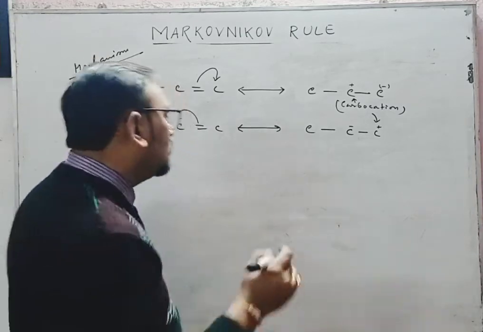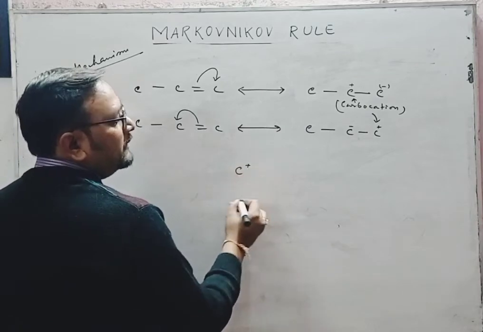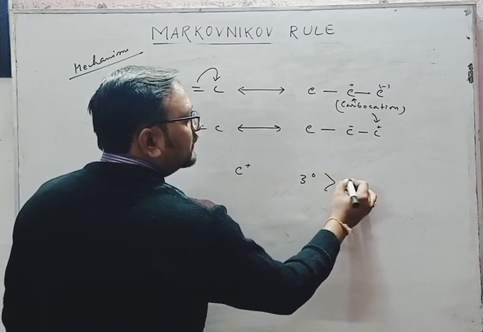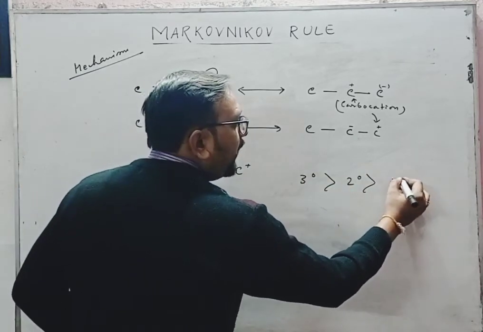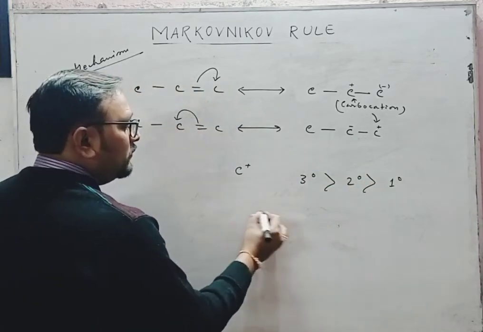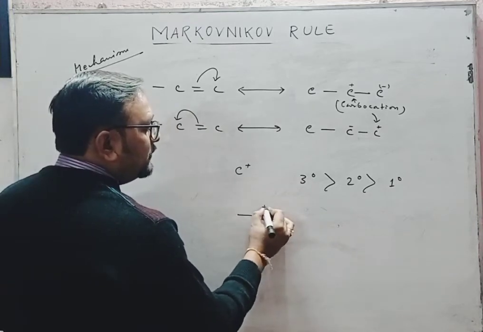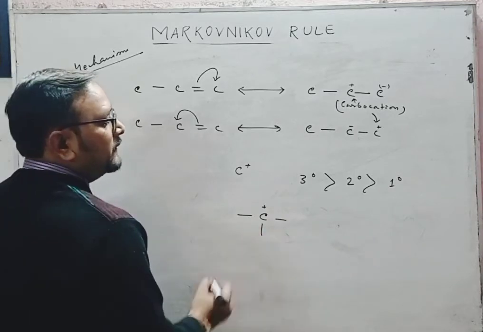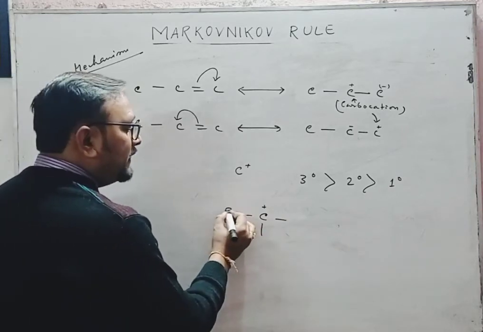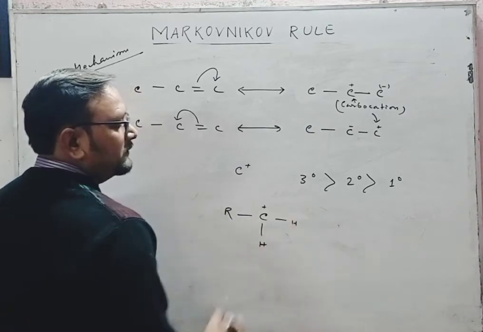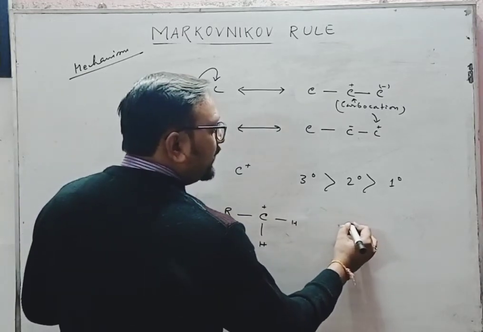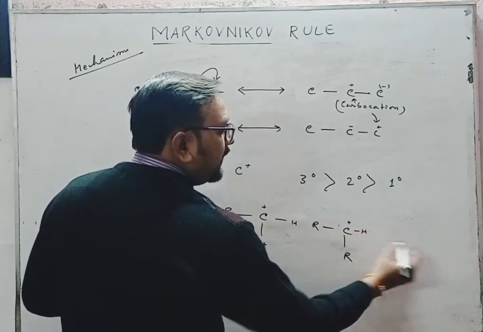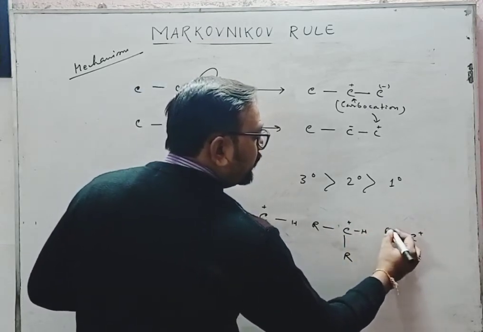For that, you should know that the stability of the carbocation follows the order 3 degree, then 2 degree, then 1 degree. I am showing you. Suppose you have a carbocation with a plus charge like this, which is 1 degree, and this is a 2 degree carbocation, and you also have a 3 degree carbocation.